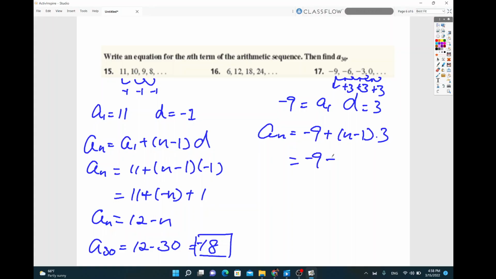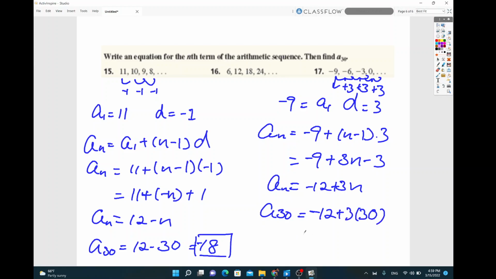Distribute, so we get 3n minus 3. Negative 9 minus 3 is negative 12, so a sub n equals negative 12 plus 3n. To find the 30th term, plug in 30 for n: negative 12 plus 3 times 30. 3 times 30 is 90, and 90 minus 12 is 78. So 78.